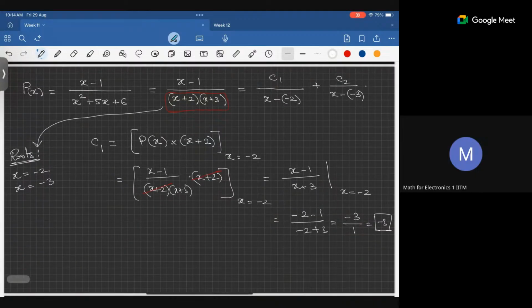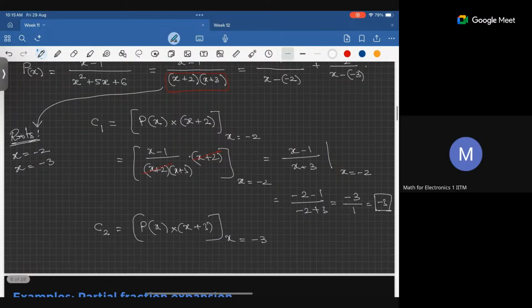Similarly, we can also compute c2. For c2, you have to take the function p of x and multiply it with the denominator that you have for c2. So the denominator is x plus 3 for c2. You have to multiply it with x plus 3, and evaluate this function value at x is equals to minus 3, not plus 3.